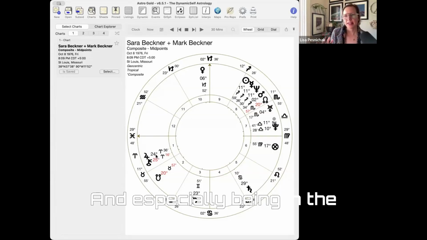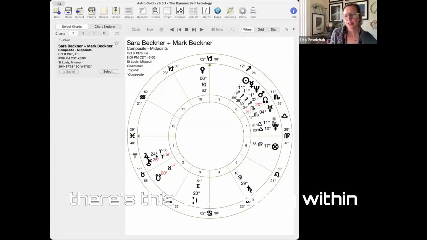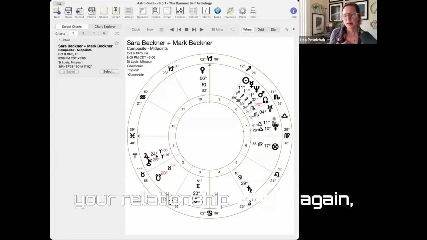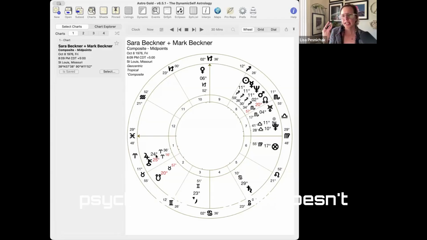And especially being in the eighth house, too, it looks like there's this vulnerability within your relationship where, again, I almost feel like words don't need to be said. Or maybe you guys almost have your own language between the two of you. Or maybe there's just this psychic knowing that doesn't need typical words.